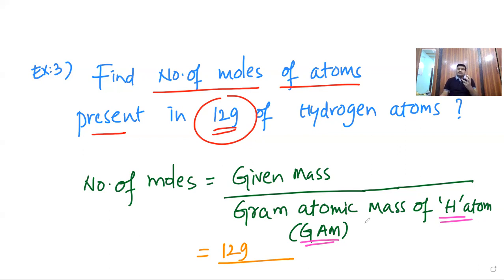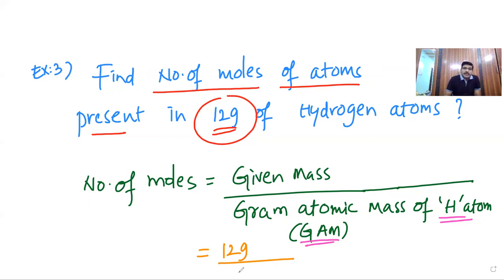Hydrogen atom, atomic number is 1. So 1 mole of hydrogen atoms is having 1 gram.